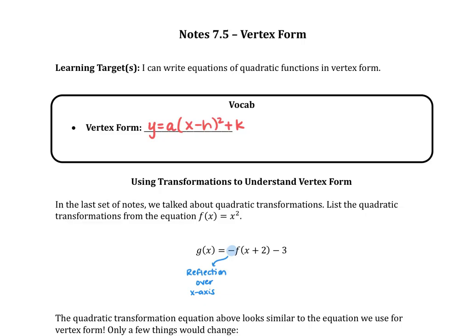And then remember, if I see this plus 2, that tells me it's actually moving left 2. And if I see this minus 3, that's telling me it's moving down 3.